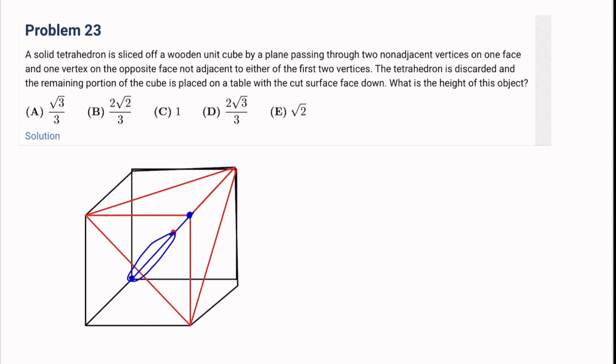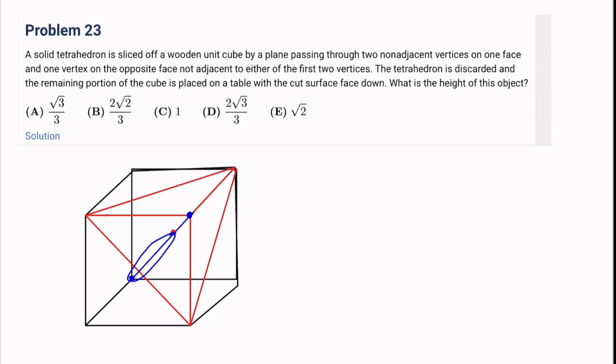And this triangle is the plane that was cut, and so as I said, it passed through 2 non-adjacent vertices and 1 vertex on the opposite face not adjacent to either of the first 2 vertices, so it's this one, right? And then we want the height of the object, which is this length that I've circled there.